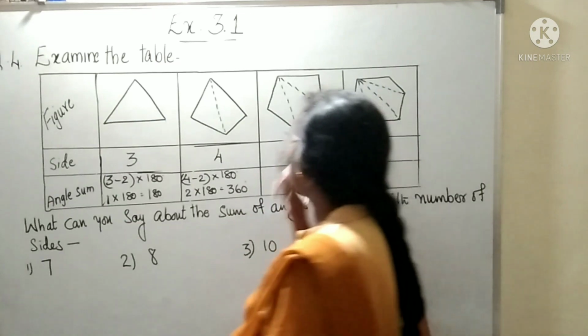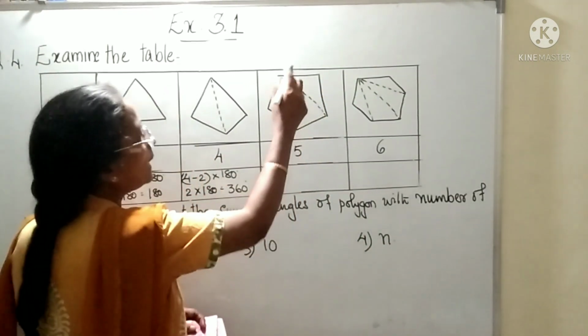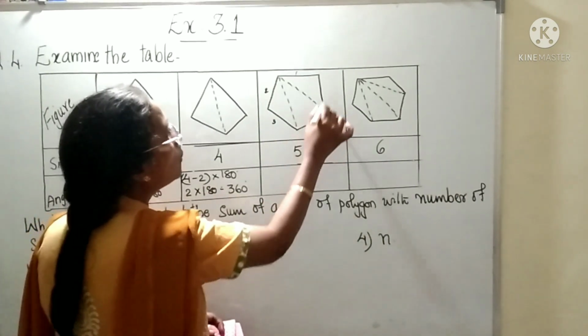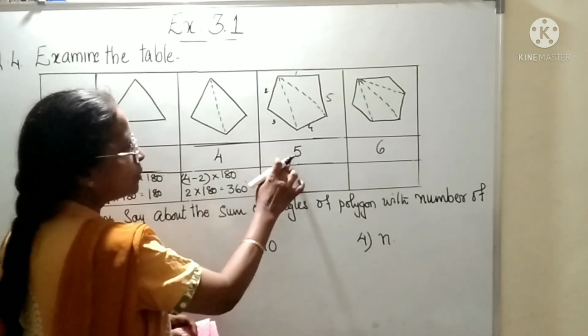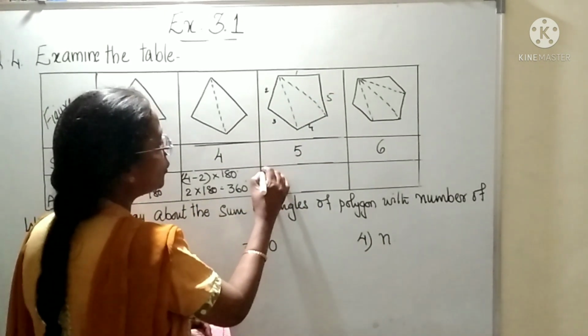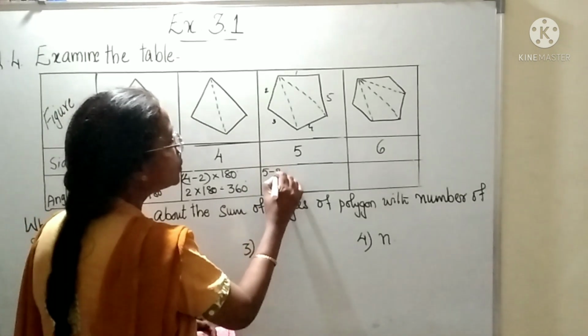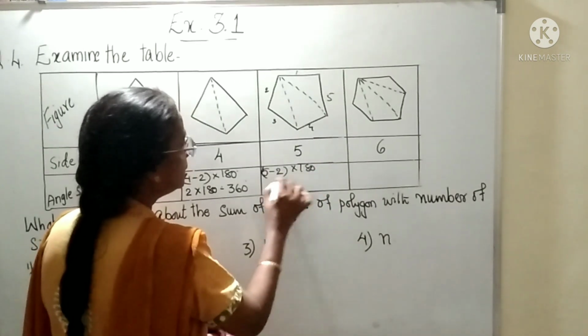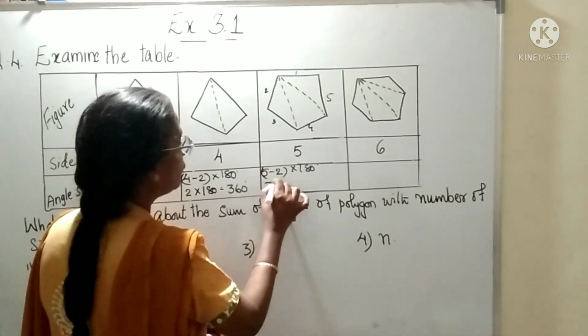360 degree. Now you see here how many sides are there? 1, 2, 3, 4, 5 sides. So when 5 sides are there, it should be 5 minus 2 into 180 degree. That is 3 into 180.